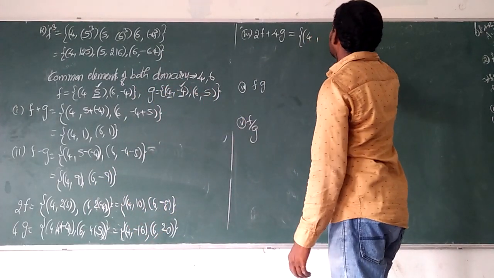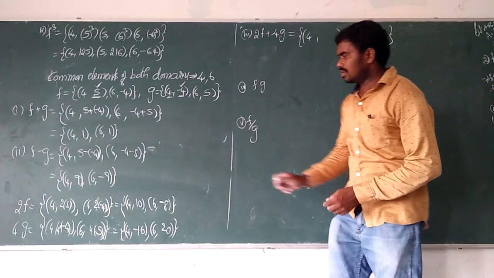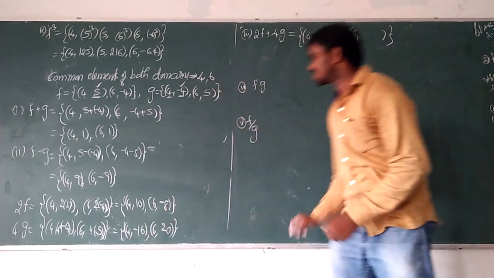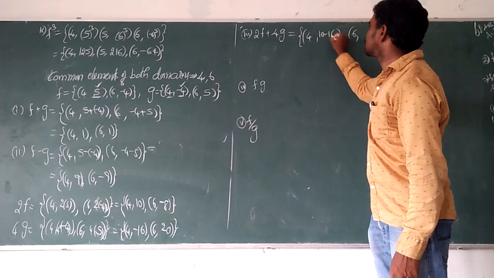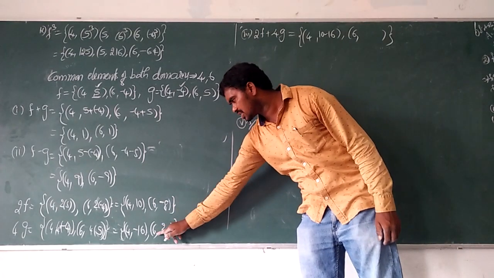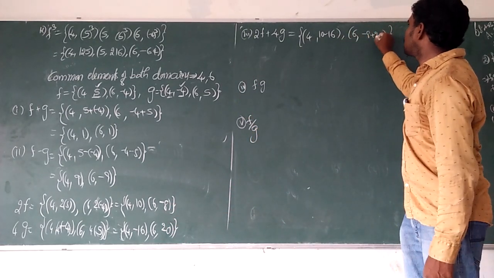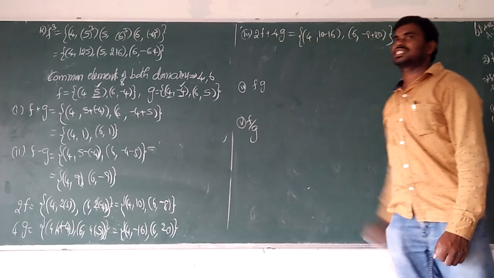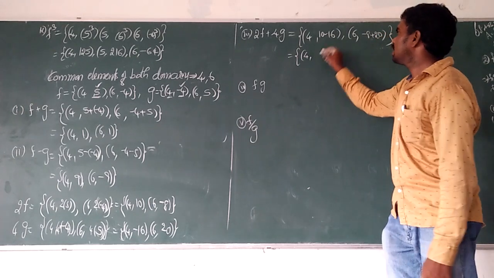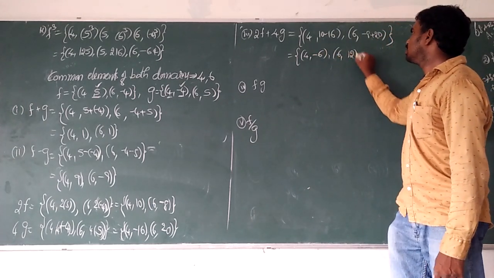So 4 comma and 6 comma. For 4, here 10 and here minus 16. For 6, here minus 8 and here 20. Why am I adding? Because plus is there. So the set is 4 comma 10 minus 16, which is minus 6, and 6 comma 20 minus 8, which is 12.